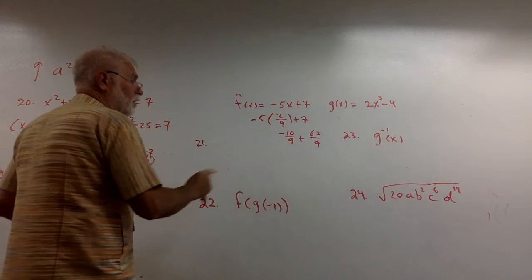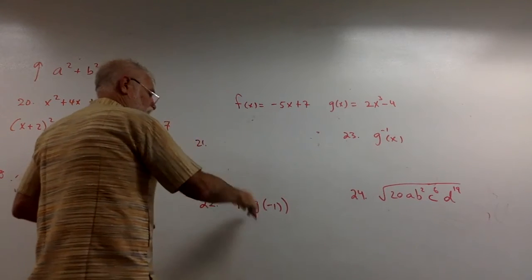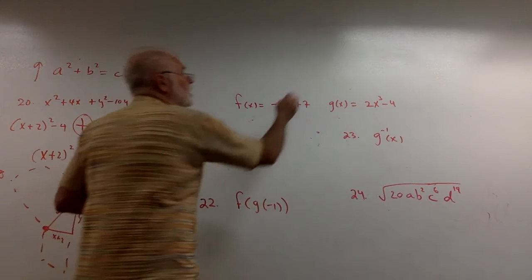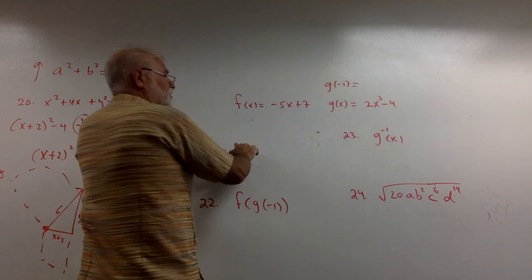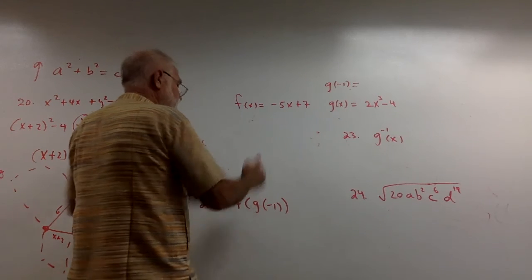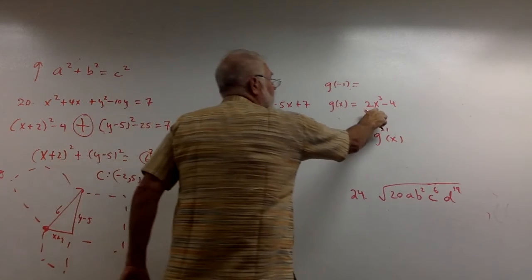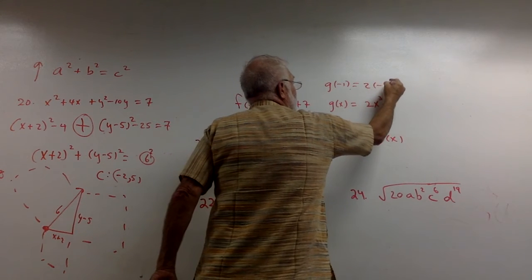All right, so I'm going to plug negative 1 into g and find out what I get, g of negative 1. So I said that backwards before without looking. Did I say it right? No, I did say it right. Okay, so we're good. -1 cubed. -1 times -1 times -1 is -1.